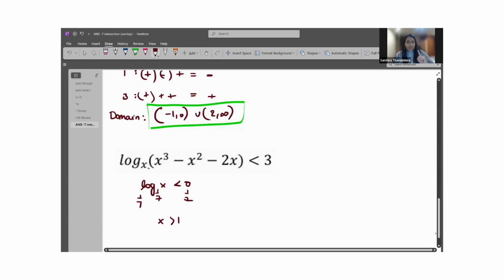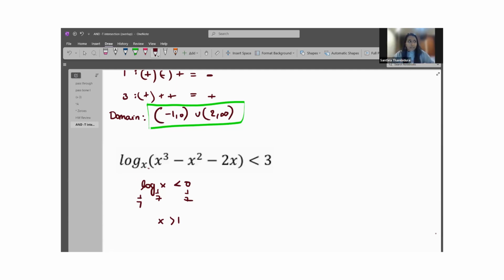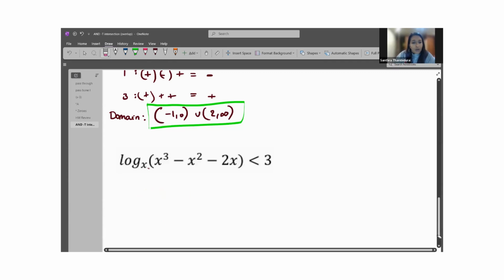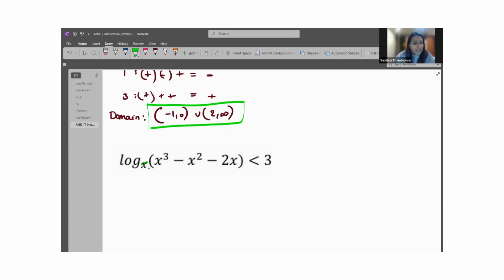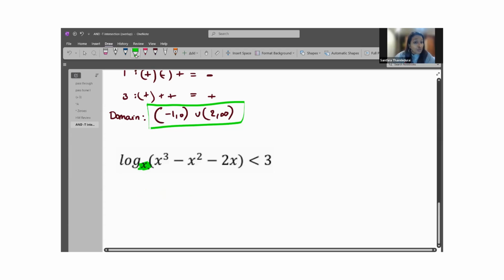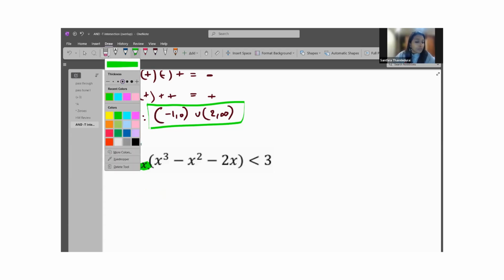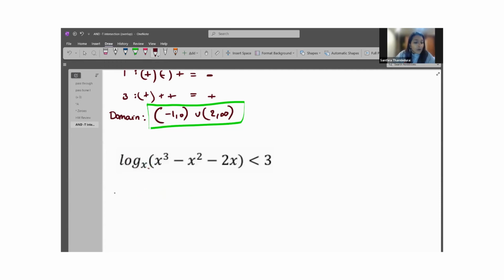So you see your solution will be different based on if your base is greater than 1 or if your base is between 0 and 1. So when you have a variable as a base, you need to do two cases. Case 1 would be if x is greater than 1.